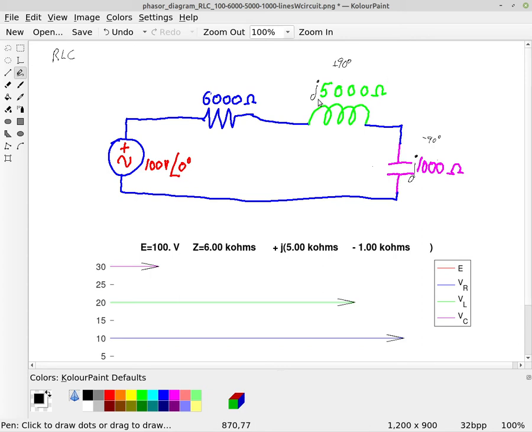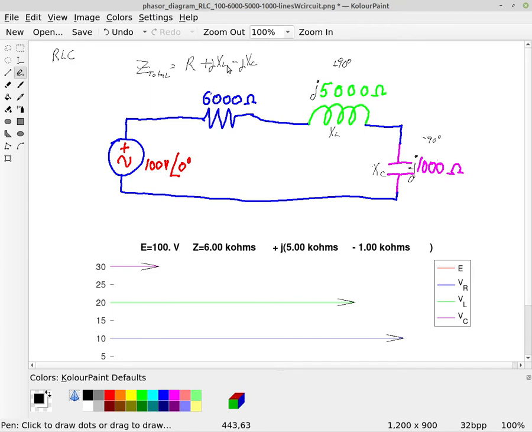So we have that the total impedance Z is the resistances added up, in this case we just have one resistor, plus all the inductive reactances added up, minus, actually, because it's a negative, right? So minus all the capacitive reactances added up.